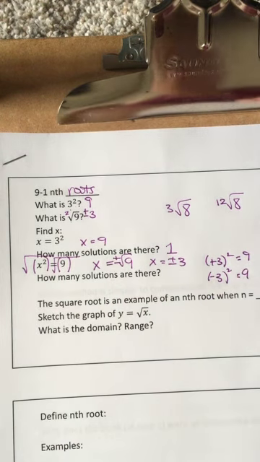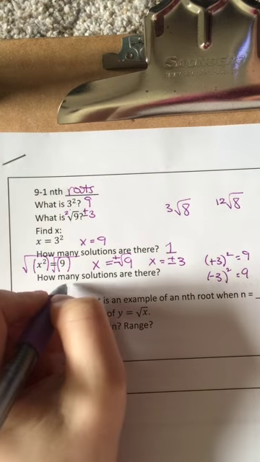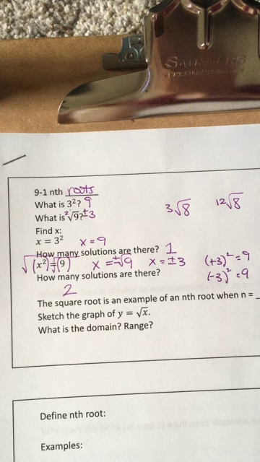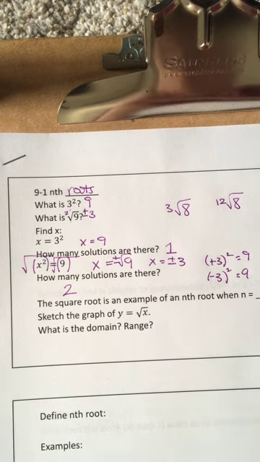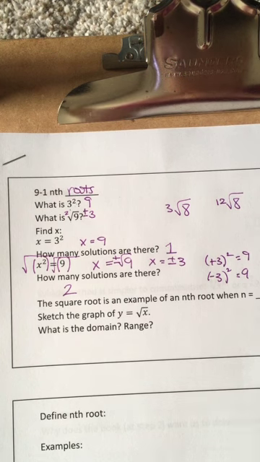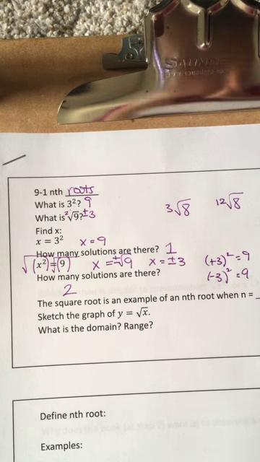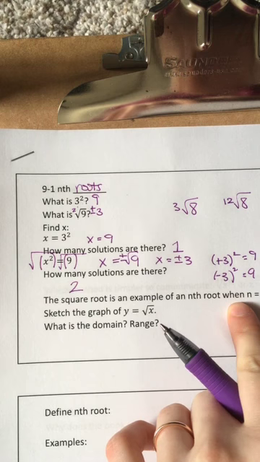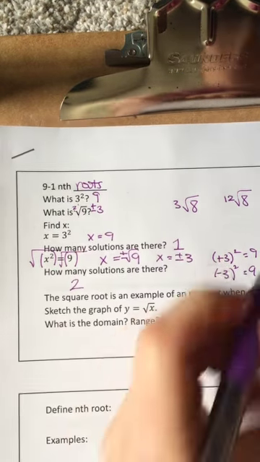Again, a positive 9. How many solutions are there? In this case, there are 2 solutions. That's not always true, so watch it, and there is a rule later we'll go over as well. But just make sure that it could be a 1 or it could be a 2, depending on your situation. So the square root is an example of an nth root when n is 2.